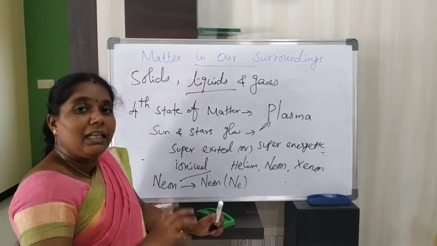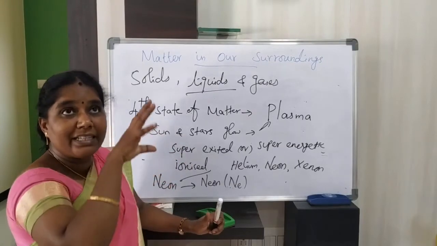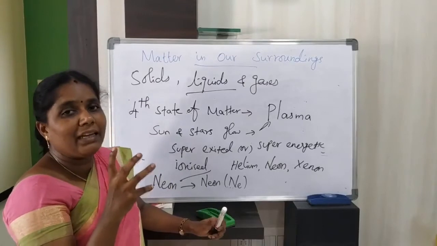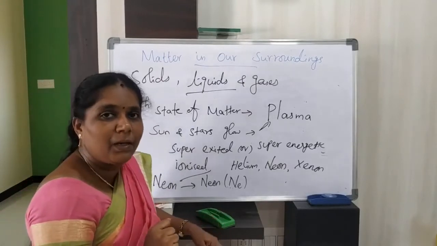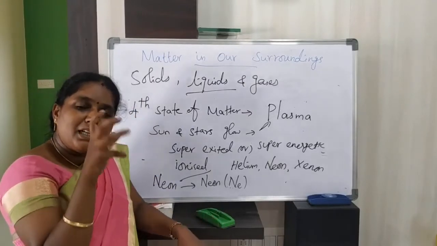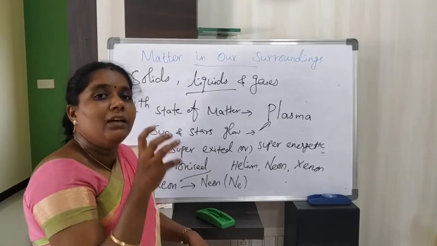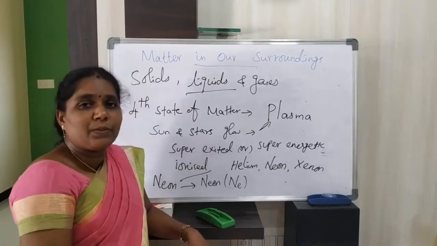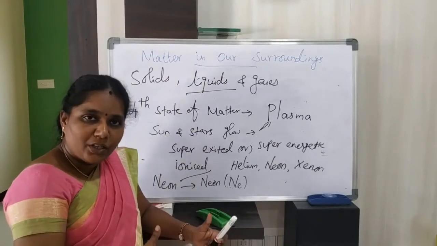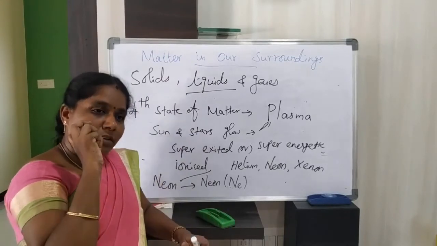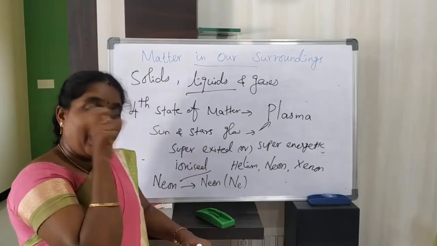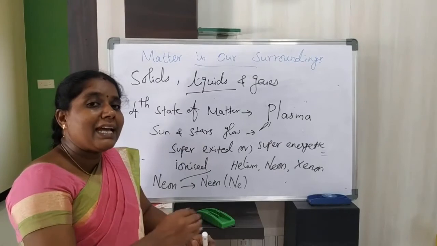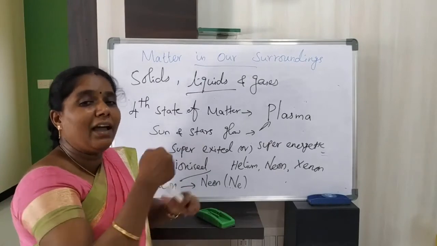Generally the neon sign bulb, if you see colored lights in our home, we use them as neon sign bulbs. These colored bulbs also contain neon gas present in them. What happens when we apply high temperature to that substance? The gaseous particles slowly get ionized.